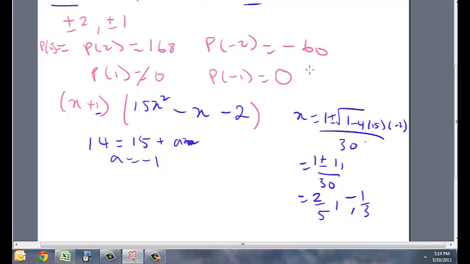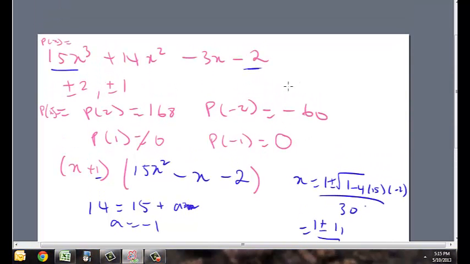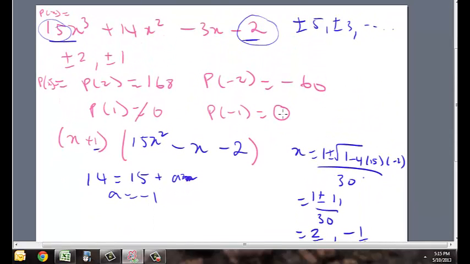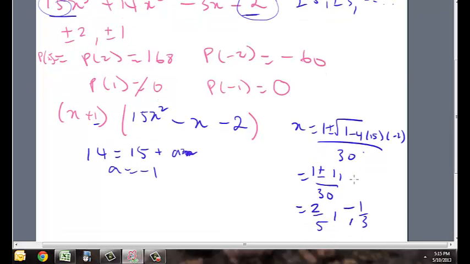How would you have worked that out? It's different combinations of this term and this term, divided. This divided by that. So like I said, this was plus minus 2, plus minus 1. This has plus minus 5, plus minus 3, plus minus 15, etc. And then you can see the combination, in this case, is 2 over 5, and then minus 1 over 3.